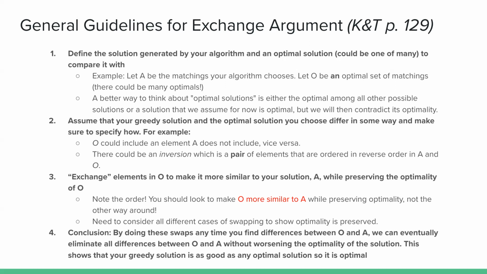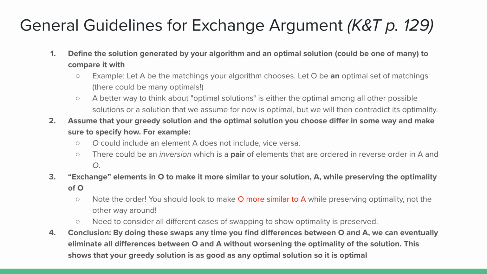And so by making O more like A, we don't change the number of items in the set, but the ordering is more optimal, right? Now there are exceptions to that, like the minimum spanning tree problem uses an exchange argument, and we'll talk about MSTs in a second. And even though that uses an exchange argument, we're taking an optimal subset, right? So there are still some exceptions, but generally that guideline helps, I think.